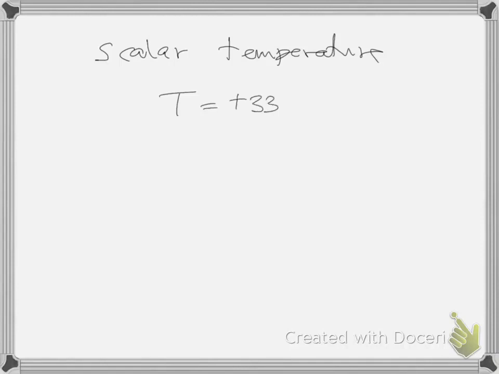As opposed to a scalar quantity such as temperature. If on one winter day the temperature is plus 33 degrees Fahrenheit, and on a second winter day it's minus 33 degrees Fahrenheit, which day is colder?